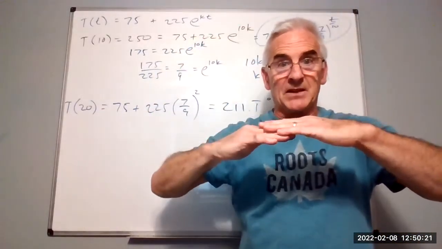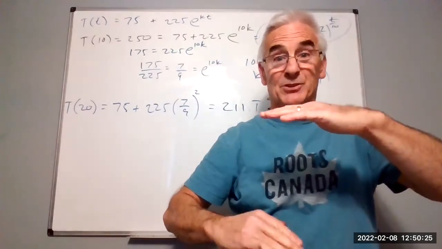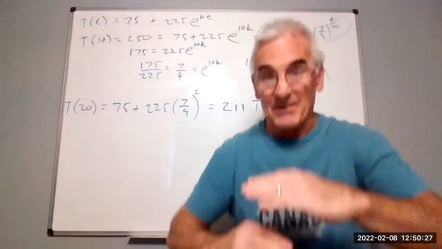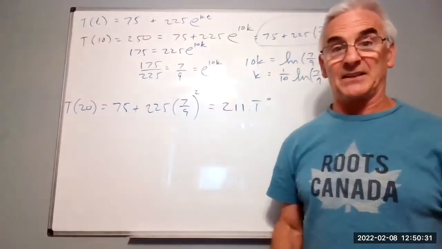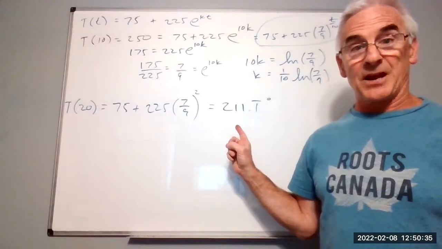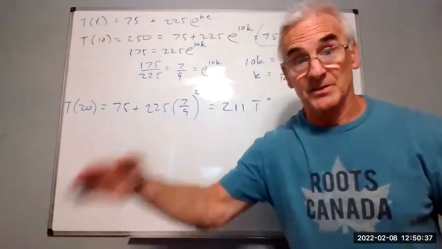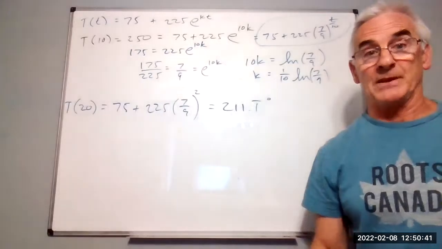In the next 10 minutes, it can't cool down 50 or more because I'm closer to room temperature. It has to cool down less. Every 10 minutes, it's got to be less. In the first 10 minutes, we cooled down exactly 50 degrees. Now we cool down a little less than 39 degrees. That makes sense. It's slowing down.